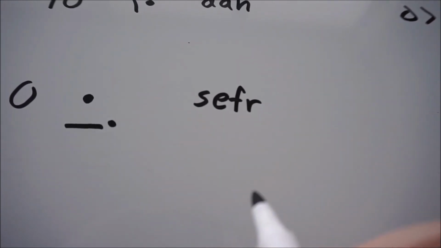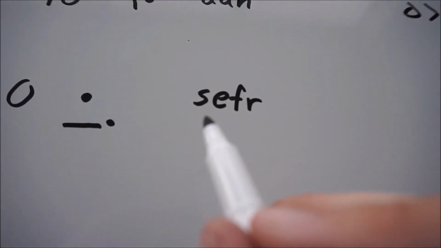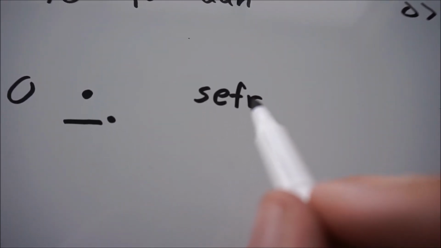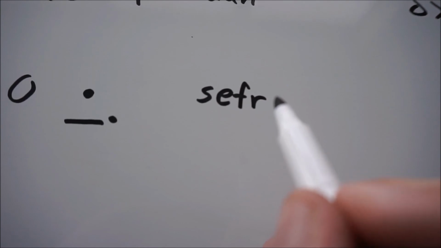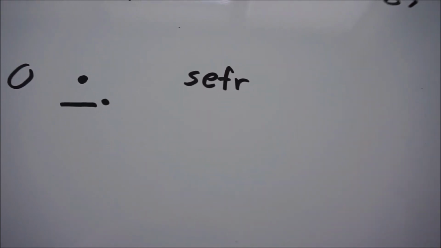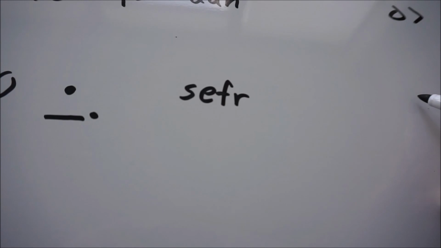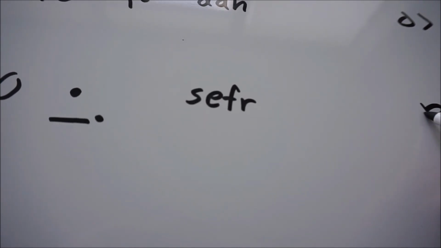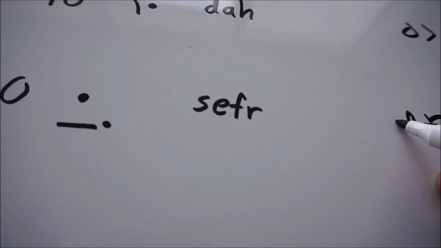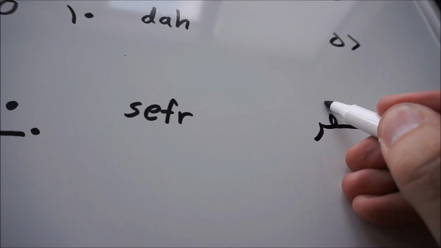The trick is to say sef and then add a rolling R afterwards. So sefr. And sefr is written in Persian like so.